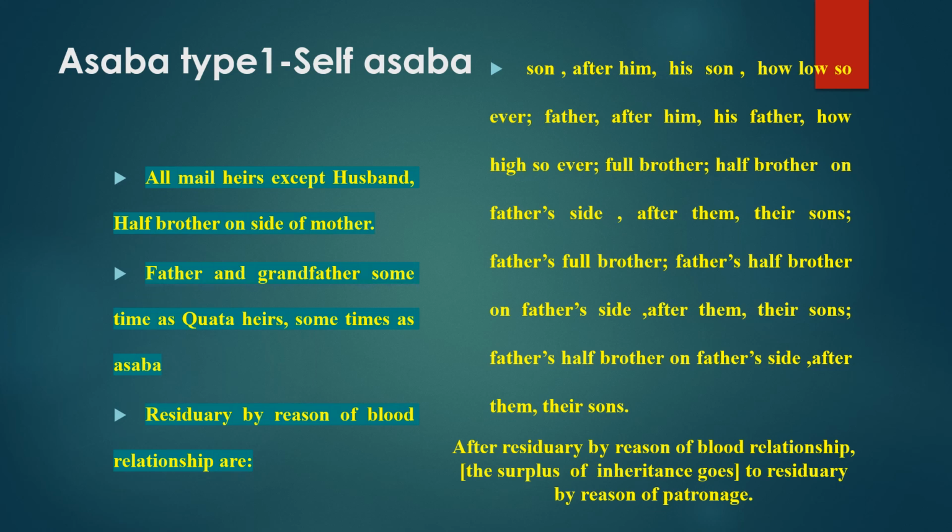The second one is father and grandfather, sometimes as quota heirs, sometimes as asaba. And the residuary by reason of blood relation. Don't confuse it.